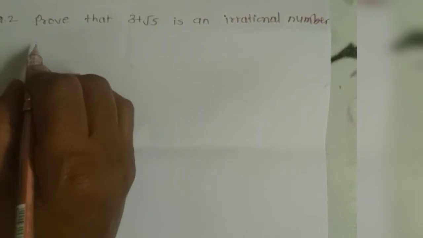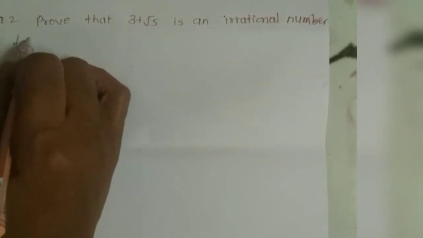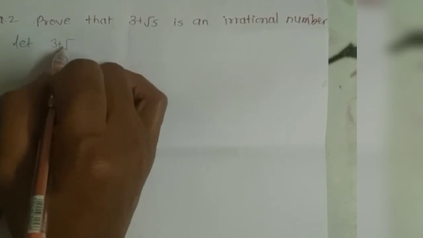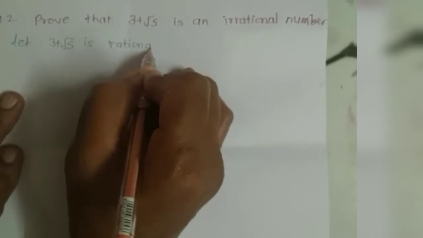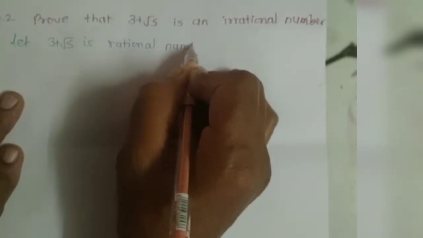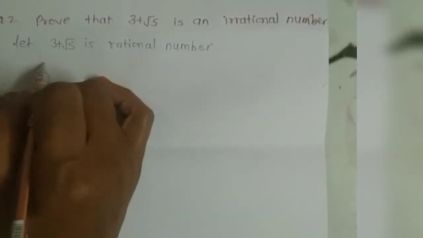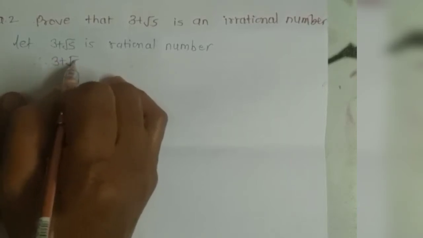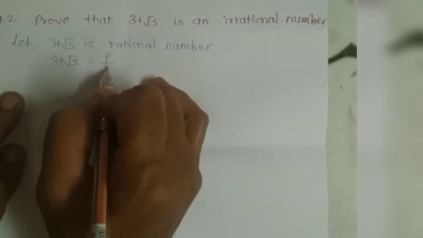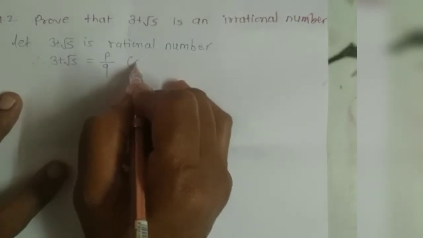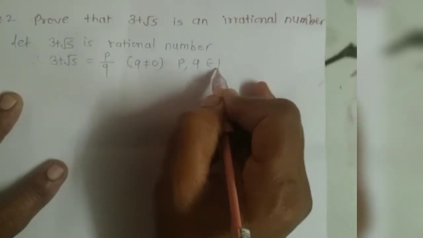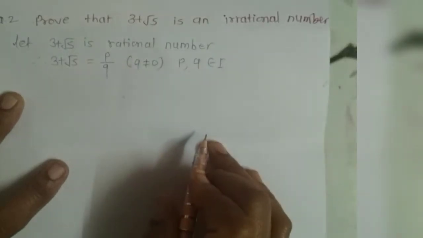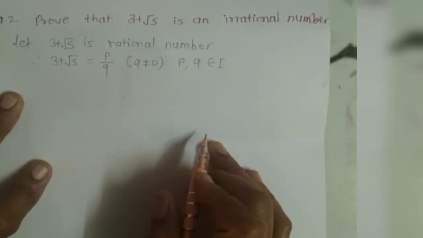Therefore again assume, according to indirect proof, 3 plus root 5 is a rational number, and therefore that number can be expressed in the form of P upon Q, where Q is not equal to 0 and P, Q belong to I. Belongs to I means both are integers.